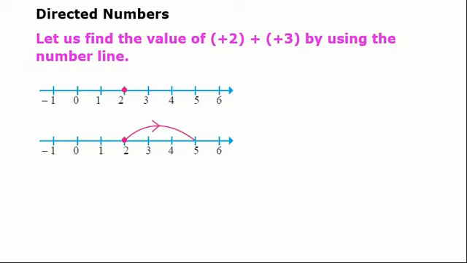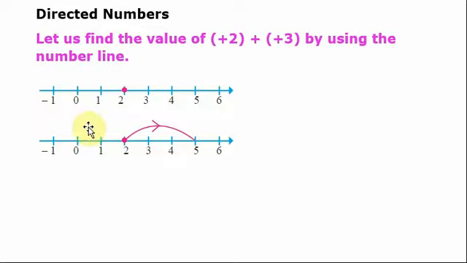In the previous video clip, we learned the basic rules of simplification, how these minus and plus signs interact when we are simplifying numbers. Now these numbers are directed numbers, that means there is a value and a direction.